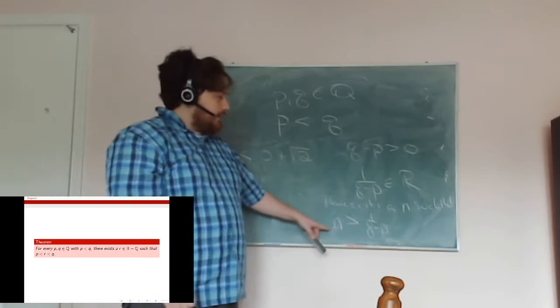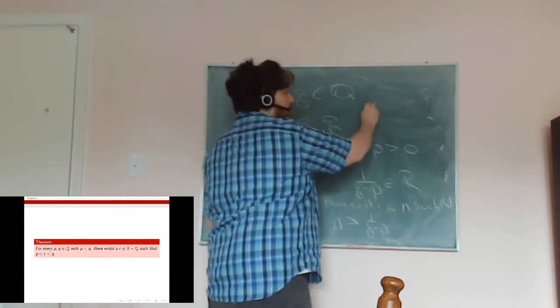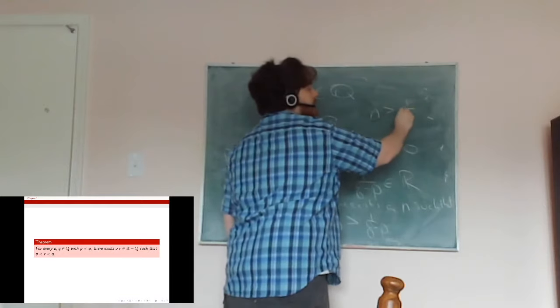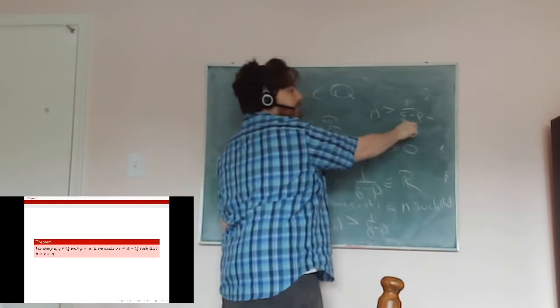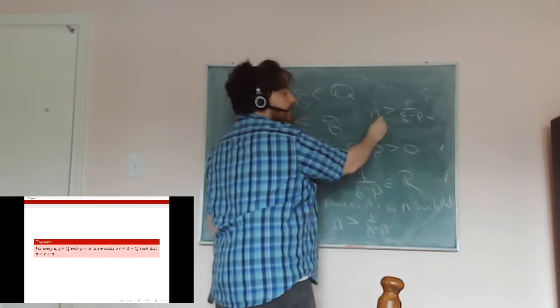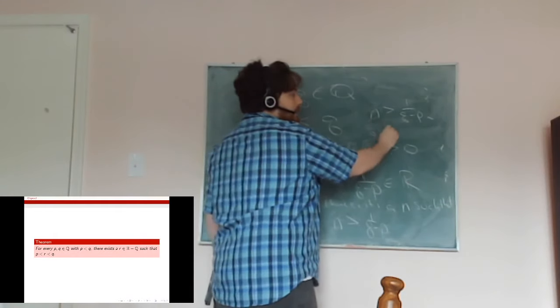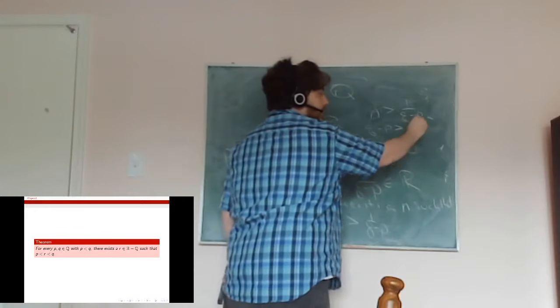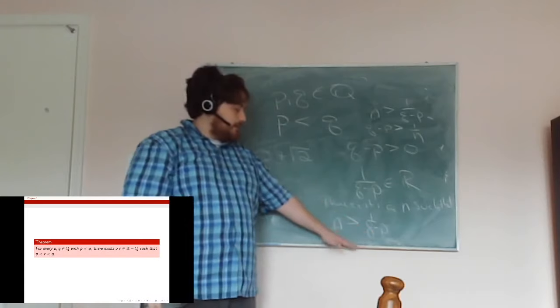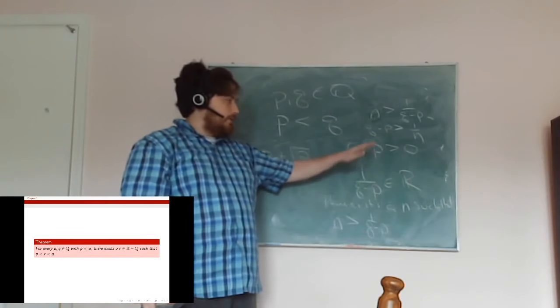Now, since n is greater than 1 over Q minus P, this is positive so I can multiply, this is positive so I can divide. What I get is Q minus P is greater than 1 over n. So if n is bigger than this, then 1 over n is smaller than this one.